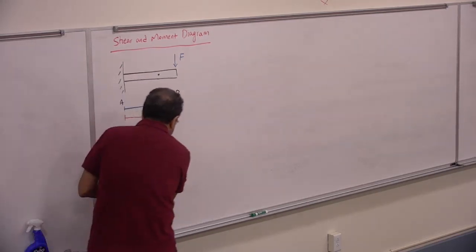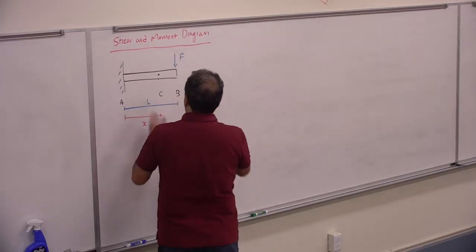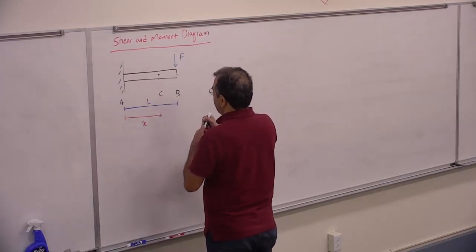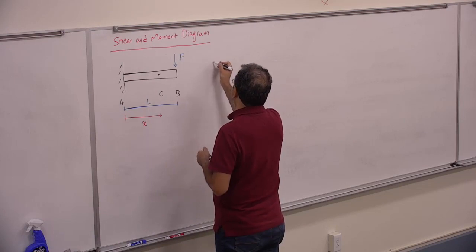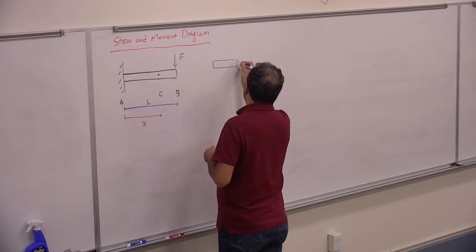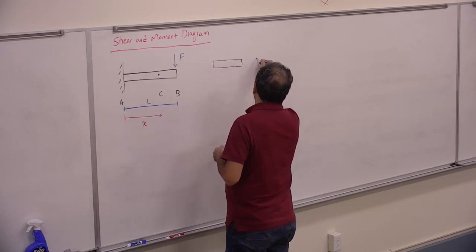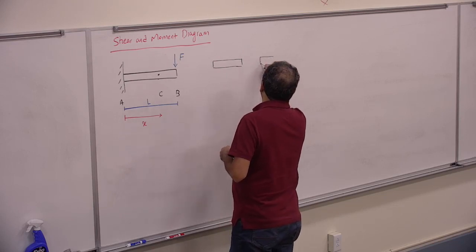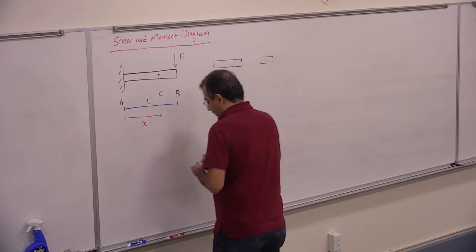And then I will cut it here at that point x, which I don't know where it is, because I just assume it's somewhere there. I cut it in half. And this is what I'm going to get.